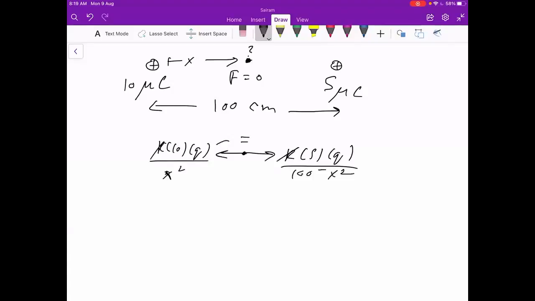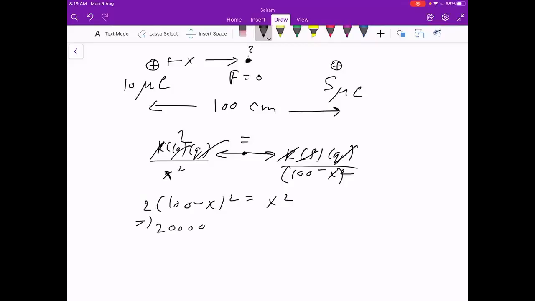So K and K will cancel, Q and Q will cancel. I'll have 2 here. So 2 into 100 minus x whole square is equal to x square.